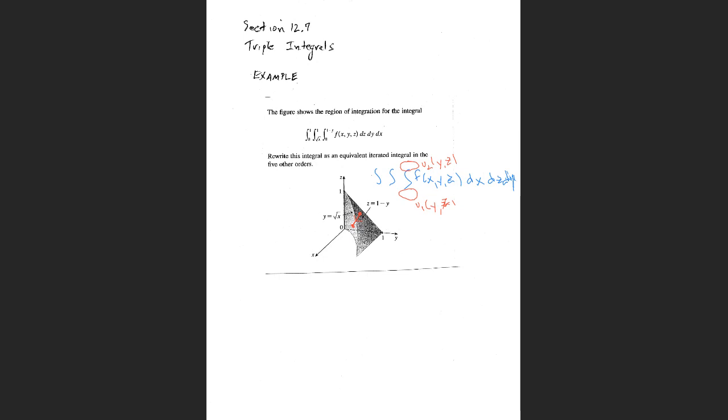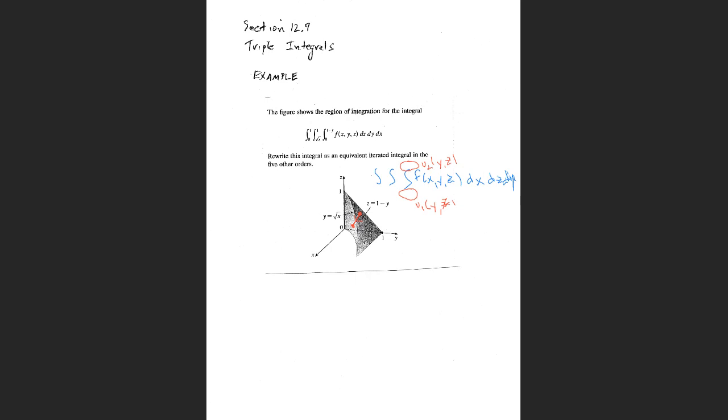What's the surface in the back of this solid? The solid is bounded by a surface in the back, and then by a surface in the front along the x-axis. What plane is in the back?